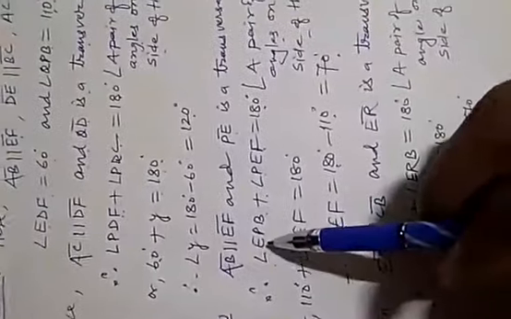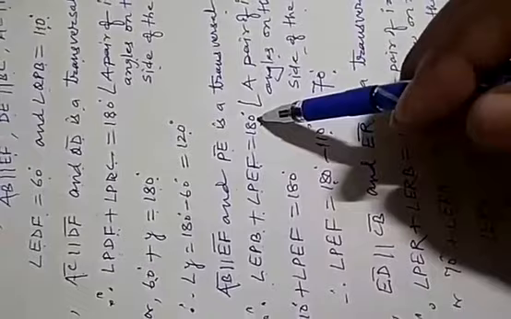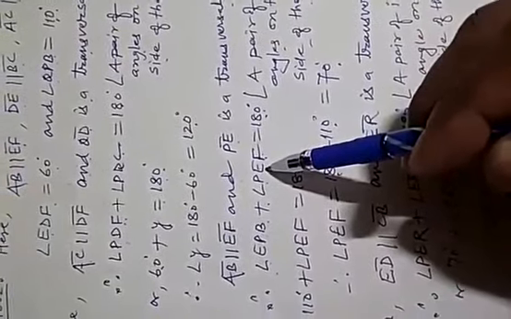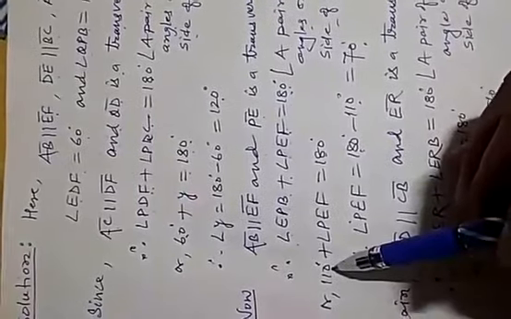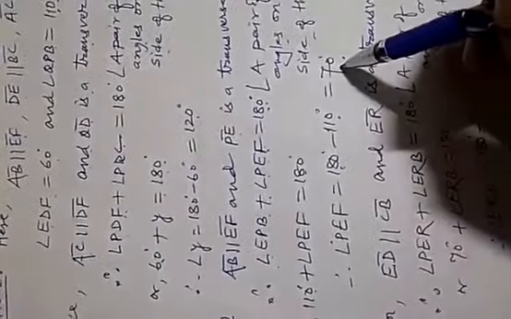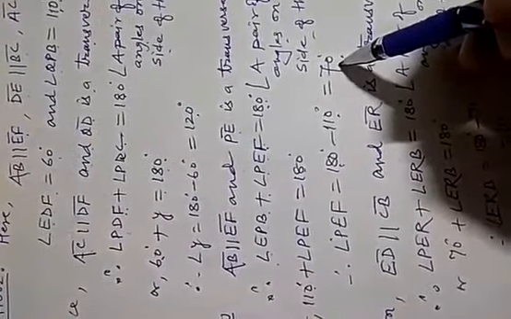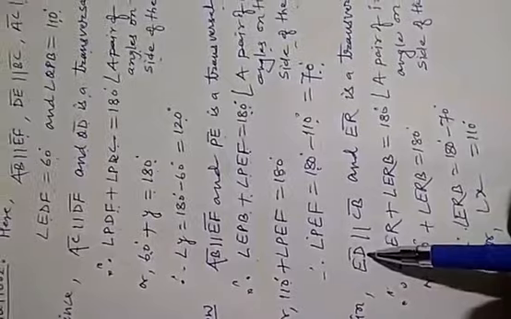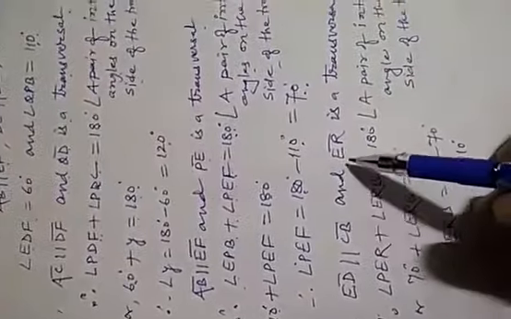Now again, angle EPB plus angle PEF is equal to 180 degrees. Therefore, PEF is equal to 180 degrees minus 110 degrees, which is 70 degrees. Again, line segment ED is parallel to line segment CB and ER is a transversal.